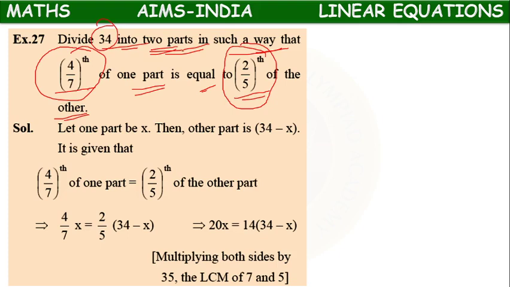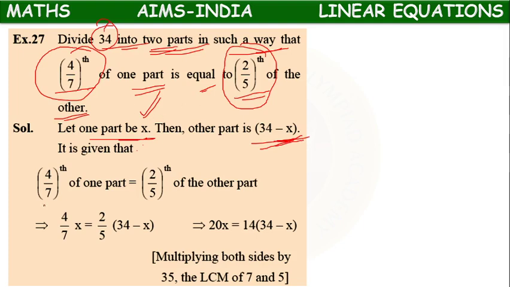If one part is x, the other part will be 34 minus x, because in total we are dividing 34 into 2 parts. That is one hint they have given.